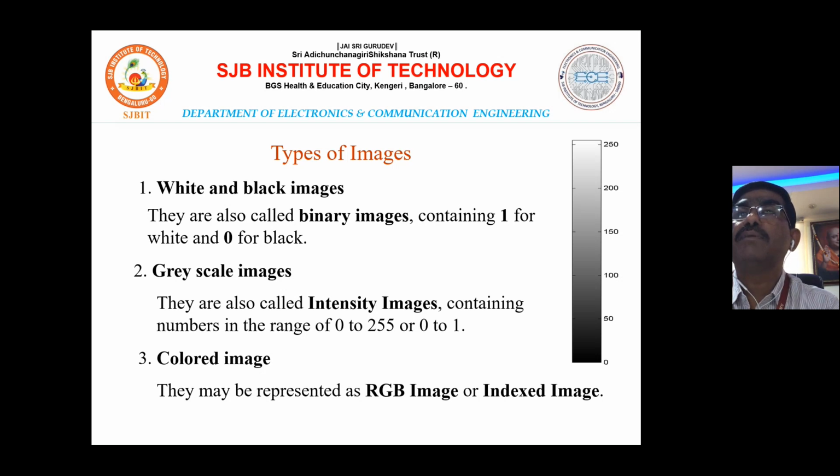Second is grayscale images. Grayscale images are still very popular today because in the medical field they use only grayscale images. The last one is the indexed image or colored image. These are the three different types of images available.